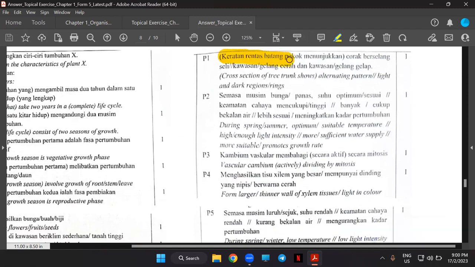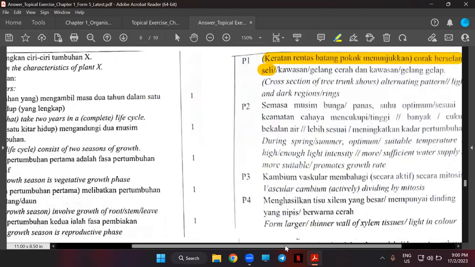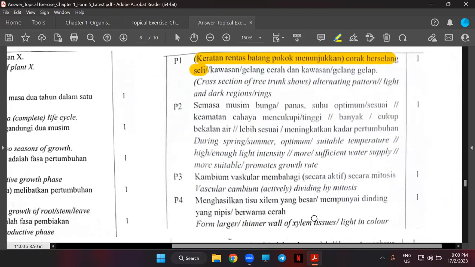Keratan rentas batang pokok menunjukkan corak berselang-seli. Ataupun menunjukkan kawasan bergelang cerah dan kawasan bergelang gelap. Ataupun kawasan cerah dan kawasan gelap pun boleh.